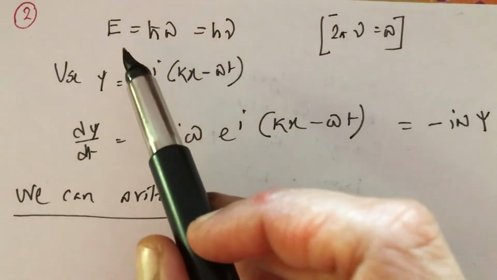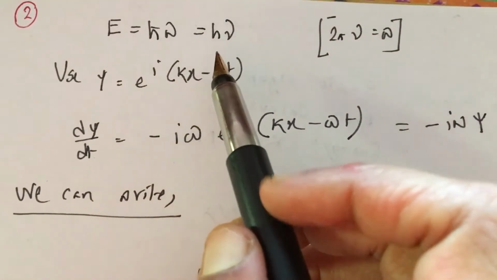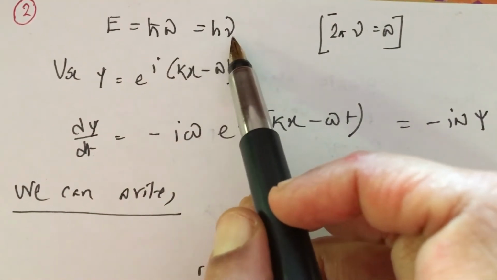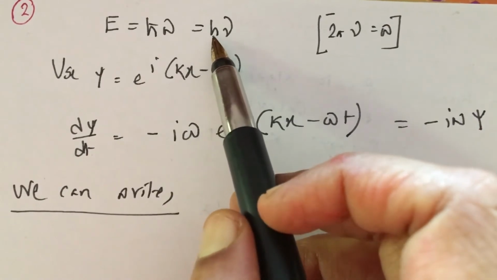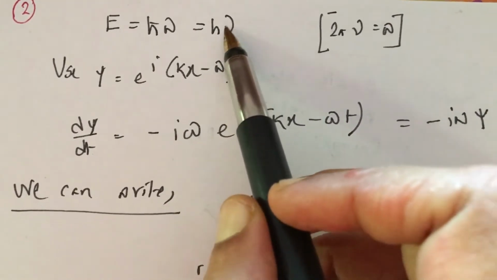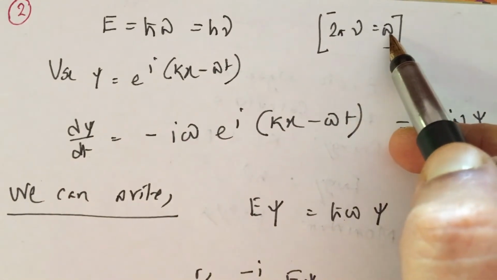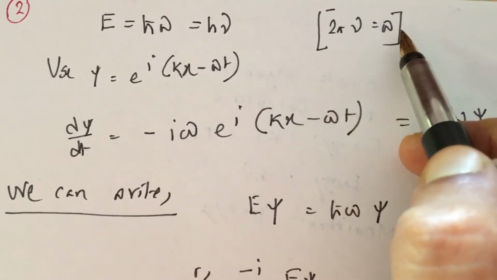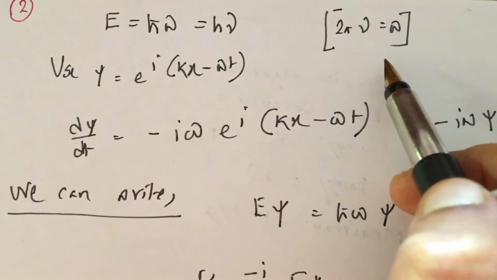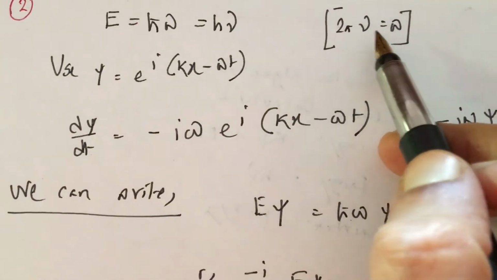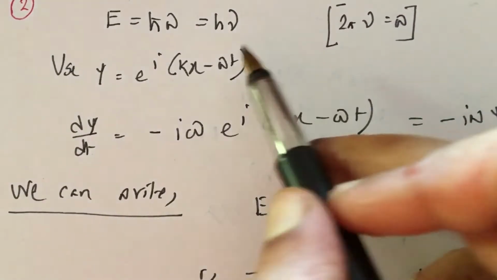We know energy E equal to h cross omega, or in terms of linear frequency we can write E equal to h nu, because this is linear frequency, this is circular frequency, and this is the relation between them. So for nu, we can write omega by twice pi.